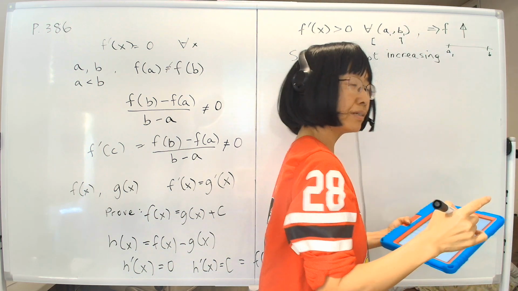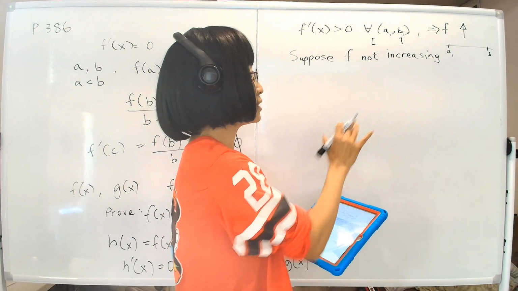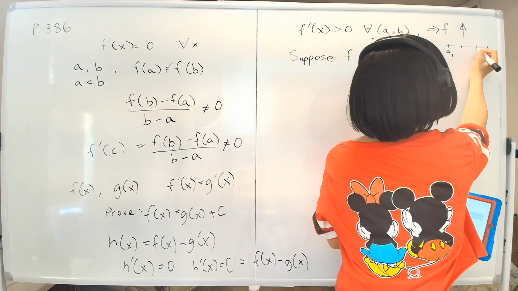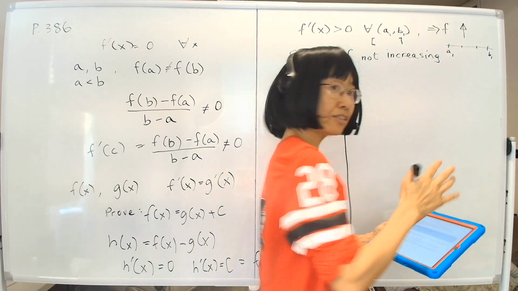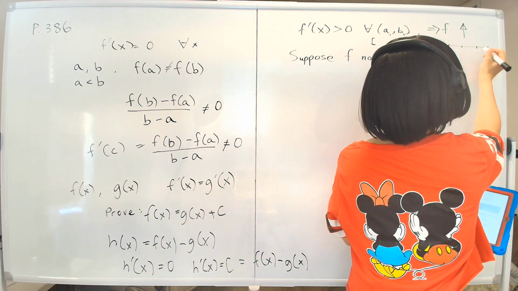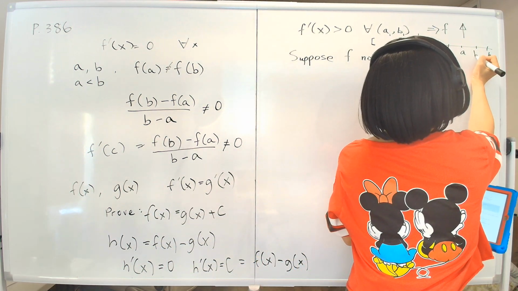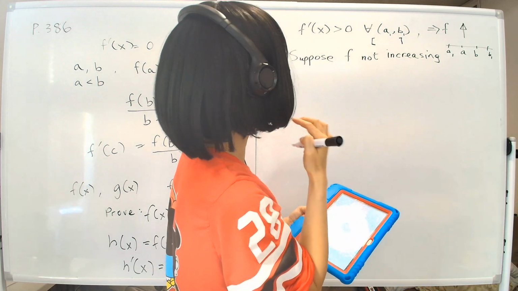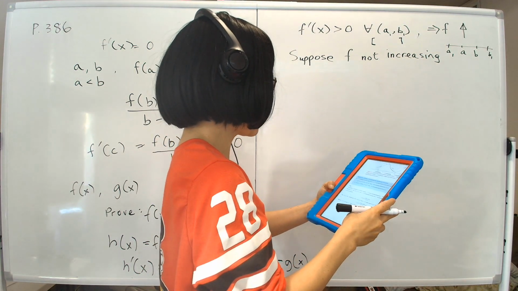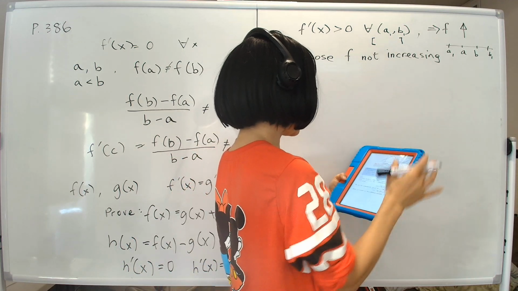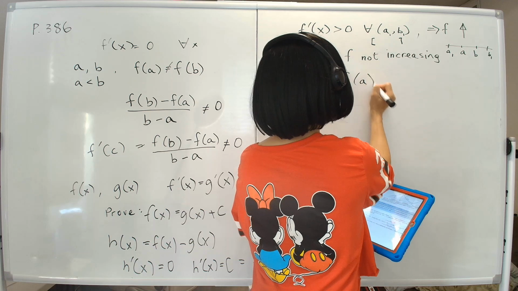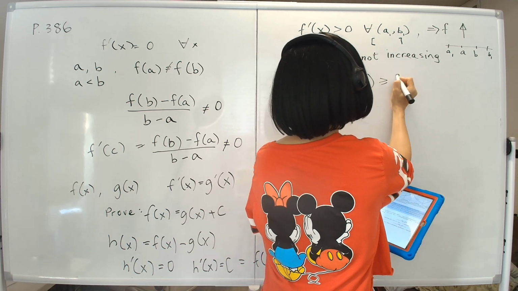Now if f is not increasing, then there will be something inside here, at least two points, such that f is decreasing. We don't know where the two points are, but we will have f of a and f of b. Suppose f is not increasing, that means there is some a and b such that f of a is bigger than or equal to f of b.